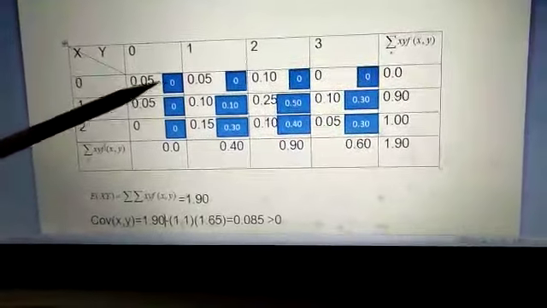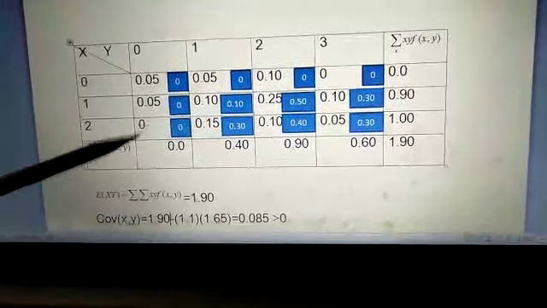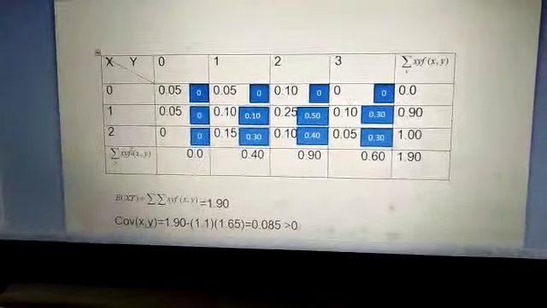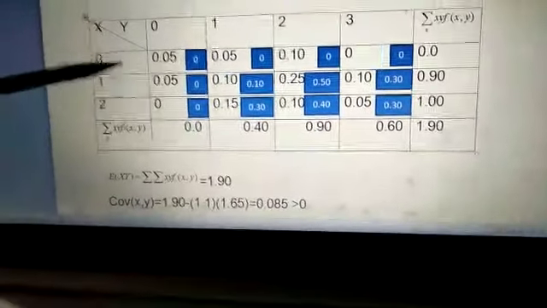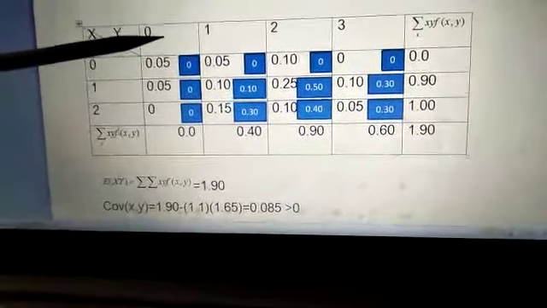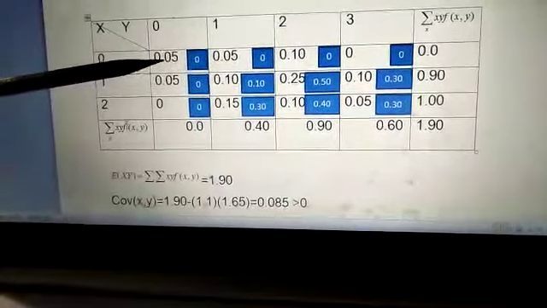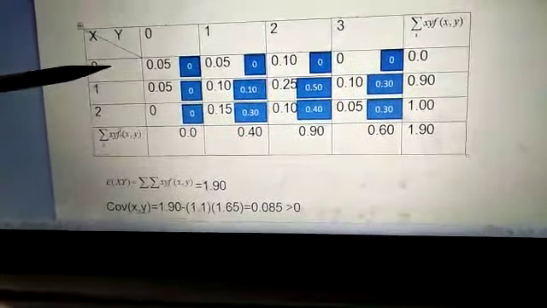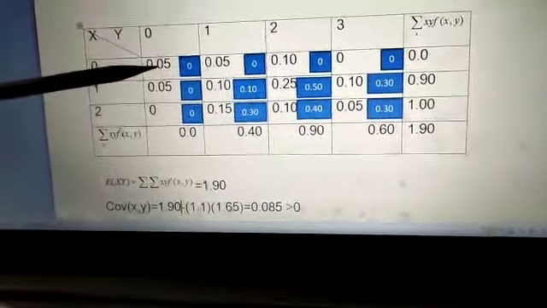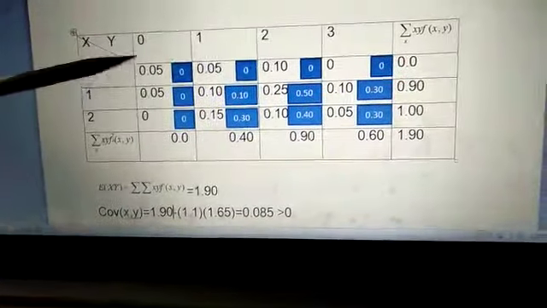Now we would make some more calculations to find the expectation of x multiplied by y. First value of x is 0, first value of y is 0, and their joint probability is 0.05. So 0 multiplied by 0 multiplied by 0.05, answer is 0.